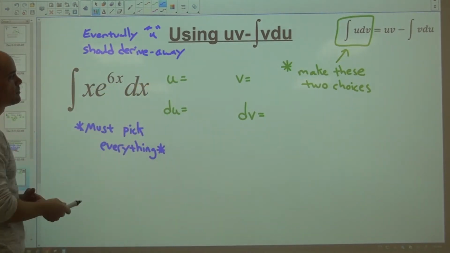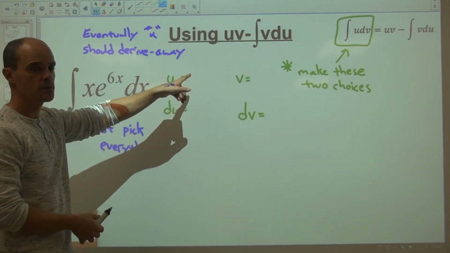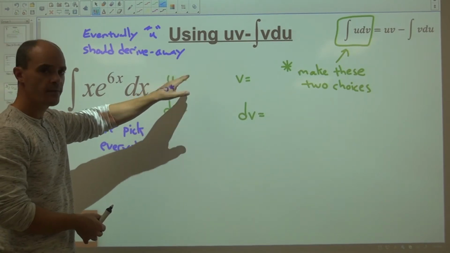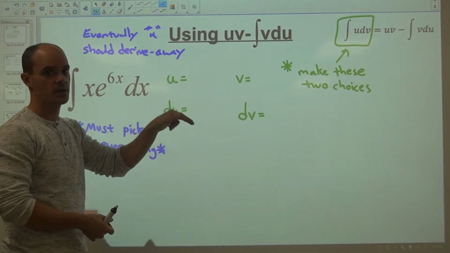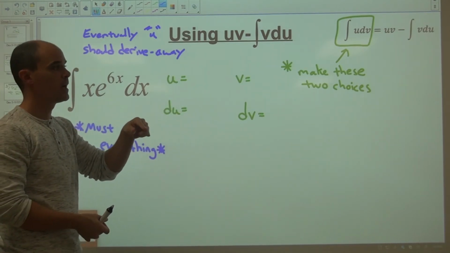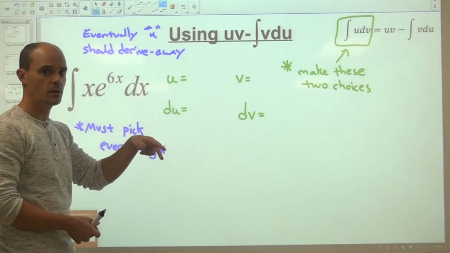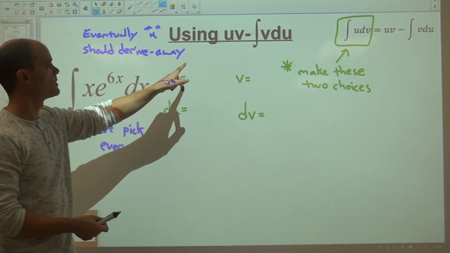So 6x would be a fail. What if I let u be e to the 6x? Well, the derivative of that would never go away. The derivative of e to the 6x would be 6 e to the 6x. The derivative of that would be 36 e to the 6x. And we keep going and going and going by multiples of 6. So 6x fails. e to the 6x fails.